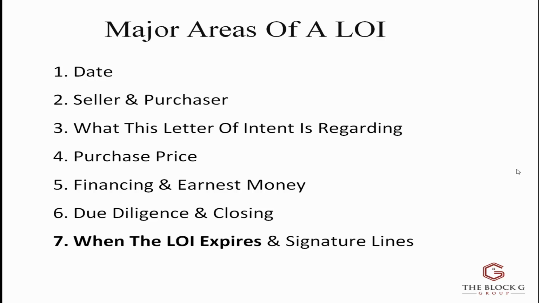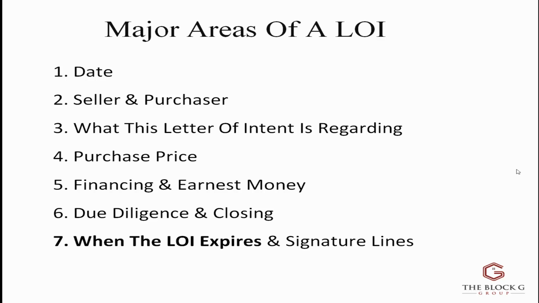Number 7, the biggest point I've got to make here is, when does the LOI expire, right? These LOIs are not open-ended. You need to put in a date of when this ends. Again, motivation. You need to tell the seller, hey, listen, this offer is good for the next 5 days, or the next 10 business days, whatever it is.